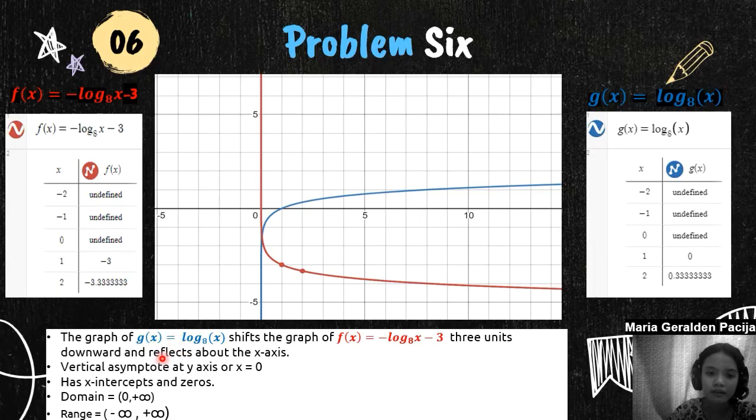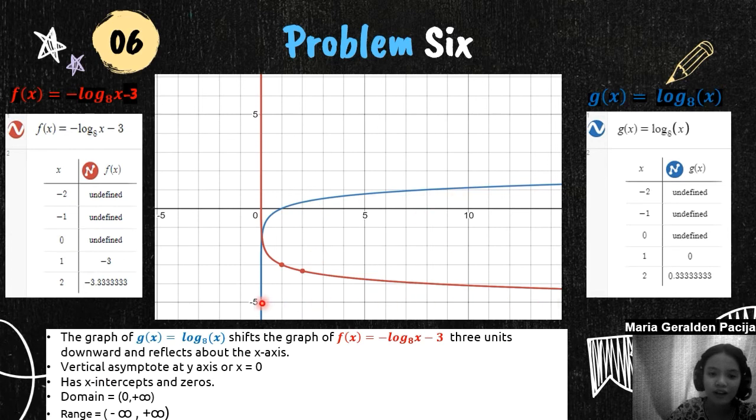Now for problem 6, the graph of g of x equals log of x with a base of 8 shifts the graph of f of x equals negative log of x minus 3 with a base of 8 three units downward and reflects about the x-axis.